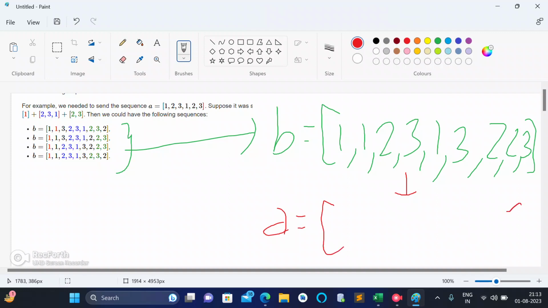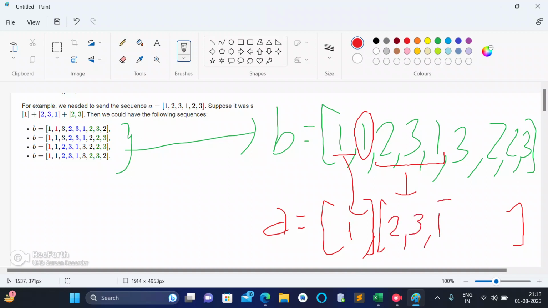So let's see how we will segment this array B to get an array A. Let's say I put this 1 here in the array A, and this segment is of length 1. Now, let's say I put these 3 values, 2 3 1, in a segment.